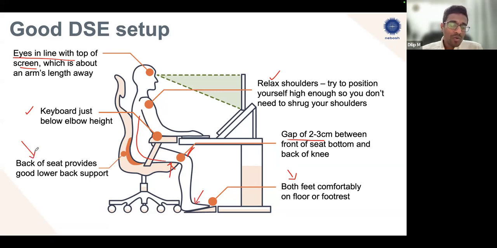Back of seat provides good lower back support, and you can also see the way this seat is designed. It is shaped in the curve of your back. Okay, and this part, the lumbar. Okay, so there should be a back support to support your lower back.